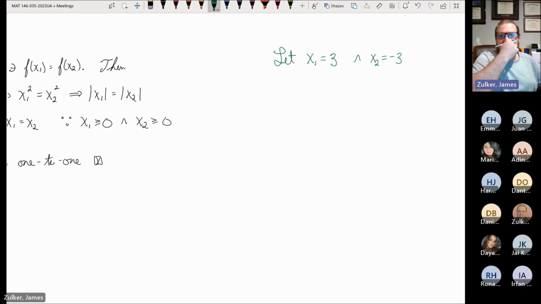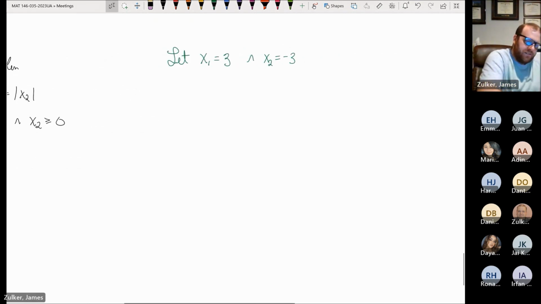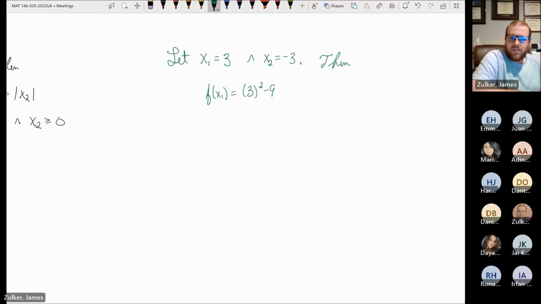let x1 be 3 and let x2 be -3. f of x1 would be 3 squared minus 9, right? Which is 0. And f of x2 would be -3 squared minus 9, which is also 0.